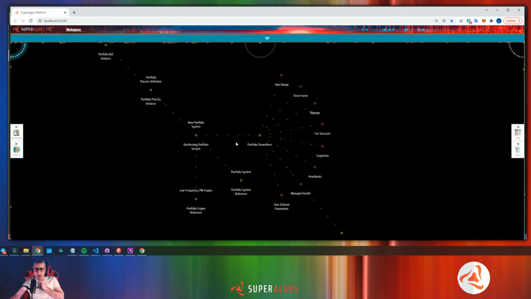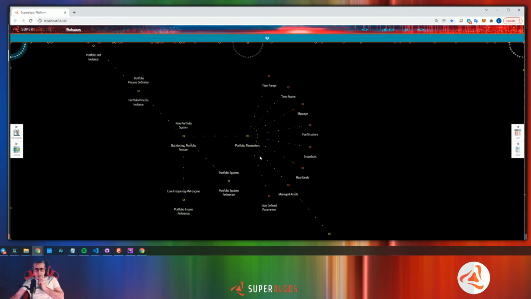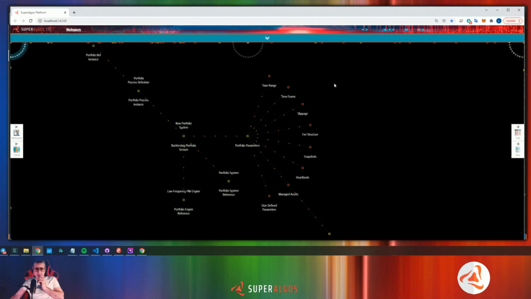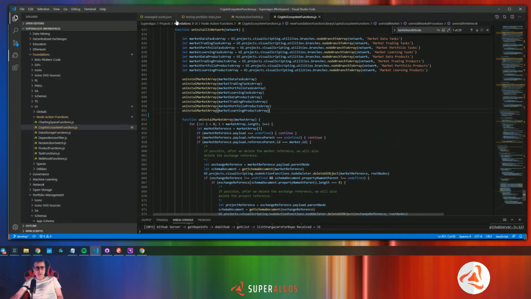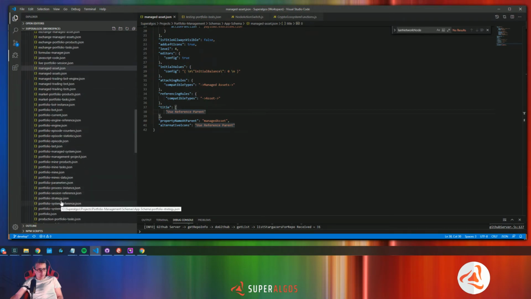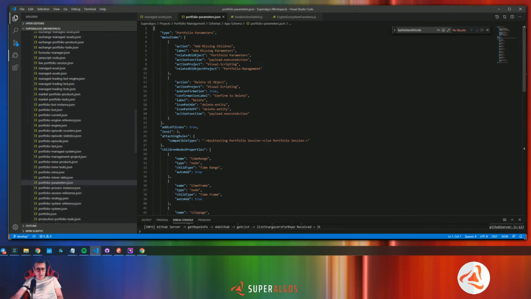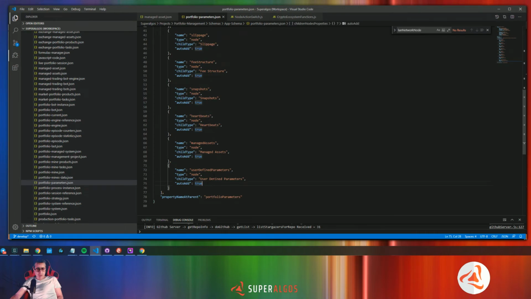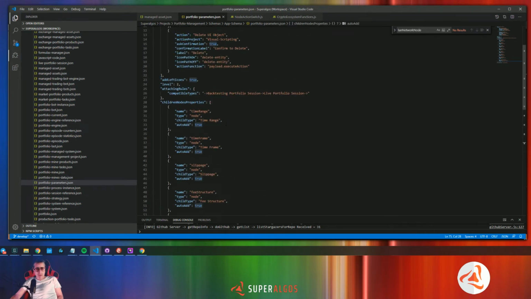so when these guys are added from portfolio parameters, I don't know who adds this time range, but let's check out these portfolio parameters. Portfolio parameters. So I guess this auto add needs to work with the project of this type.